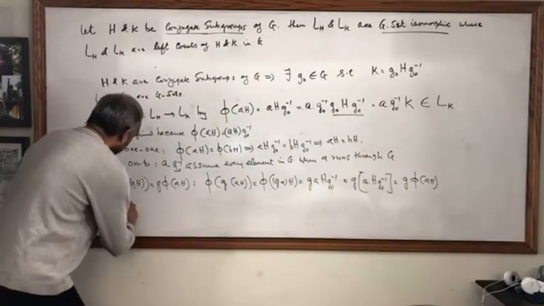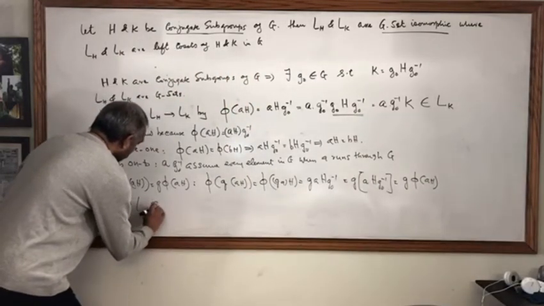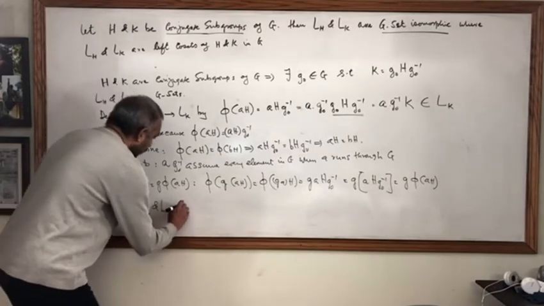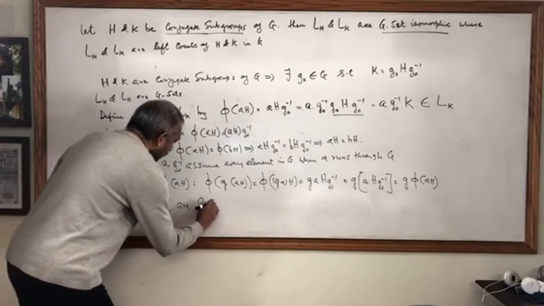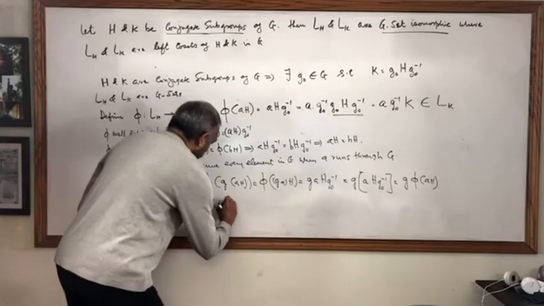And that implies LH and LK are G set isomorphic.